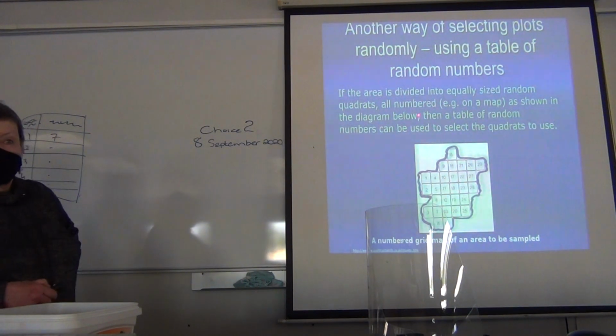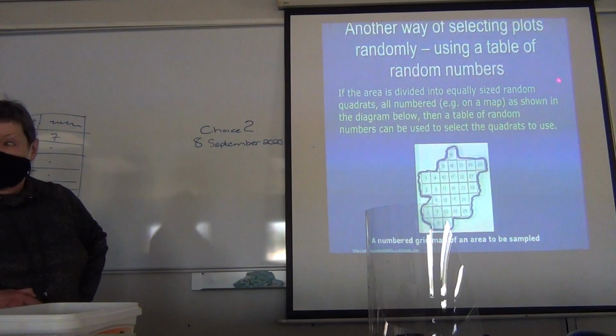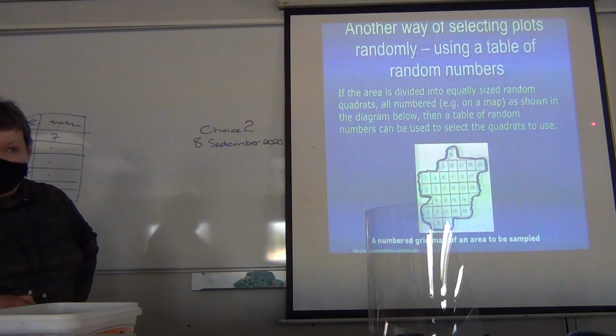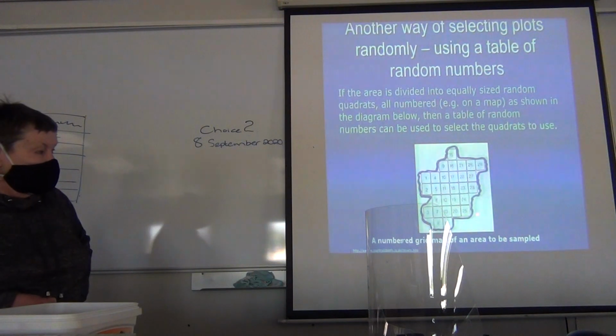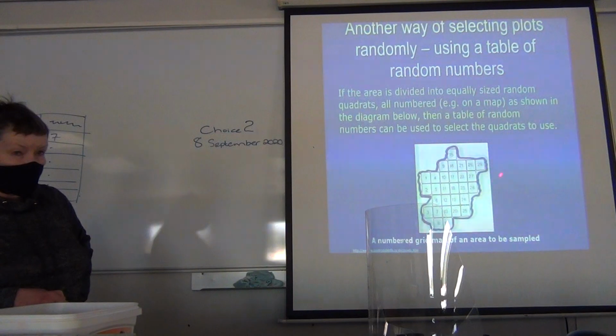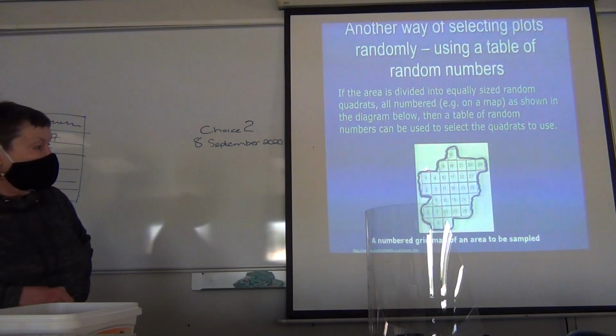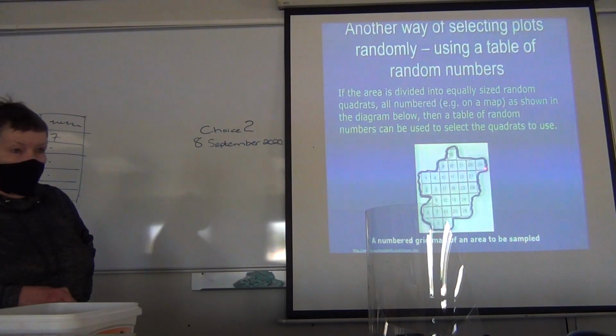There is a way of doing it using something called a table of random numbers. So what you do is you get a map of your area, divide it up into the quadrats of the correct size that you're going to use, and number them all. So these are numbered 1 to 29.